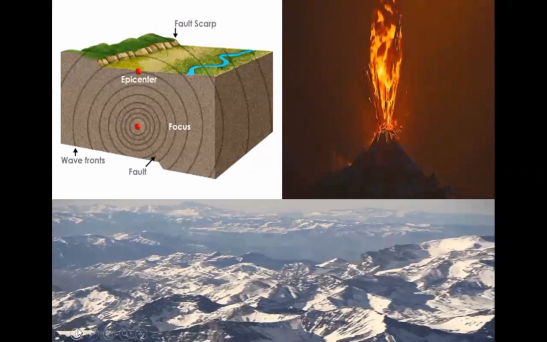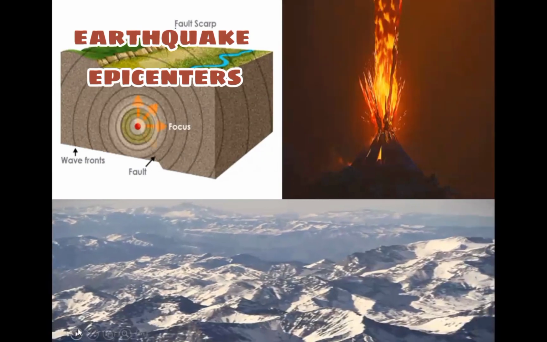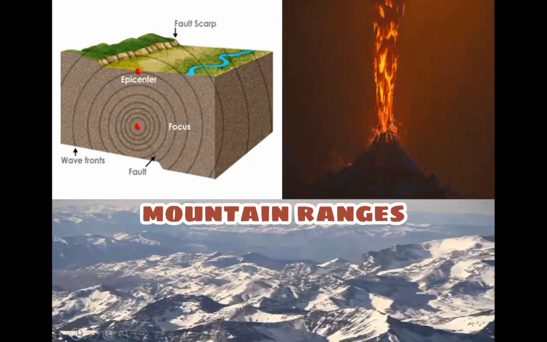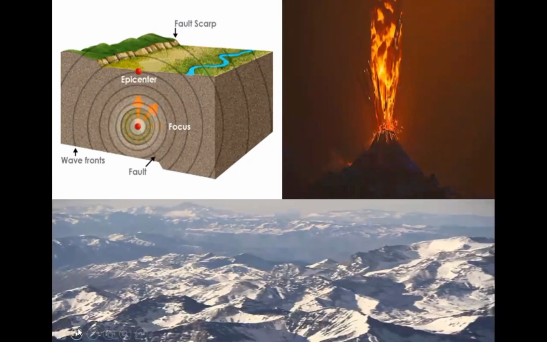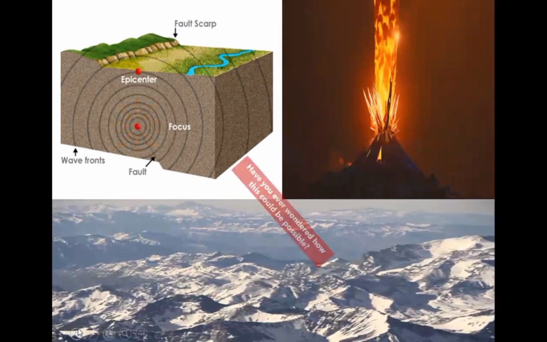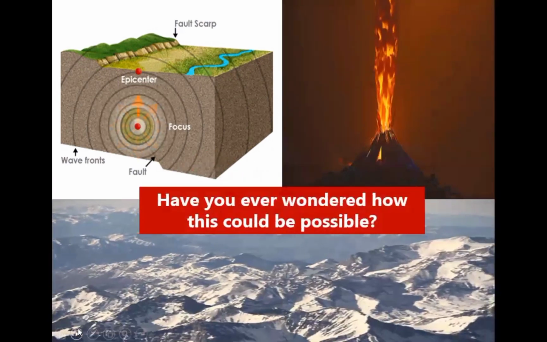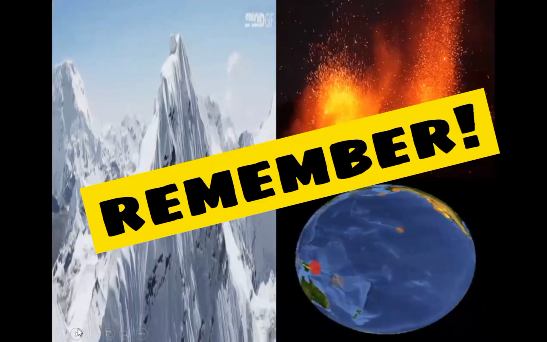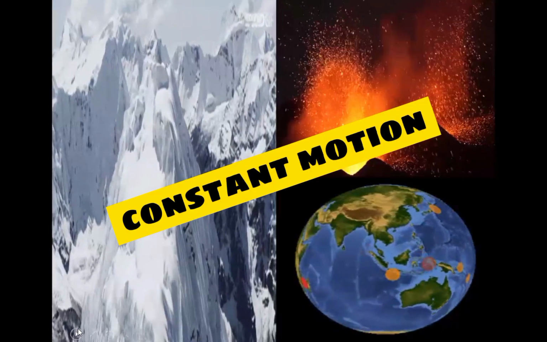You observe in the activity that earthquake epicenters, volcanoes, and mountain ranges are close to each other. If not situated in the same locations, have you ever wondered how this could be possible? Remember that plates are in constant motion.